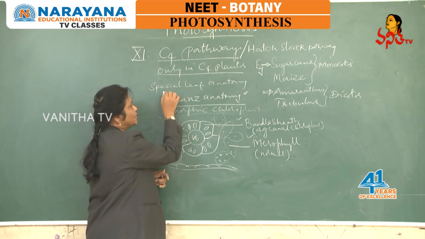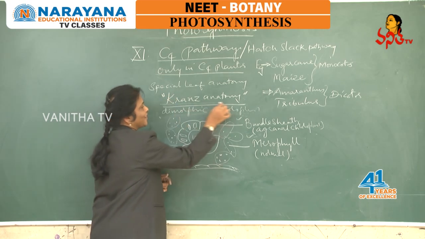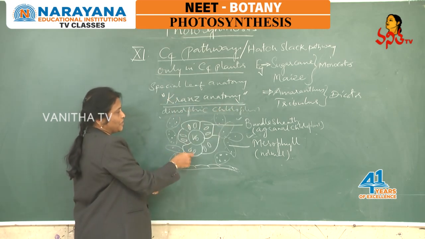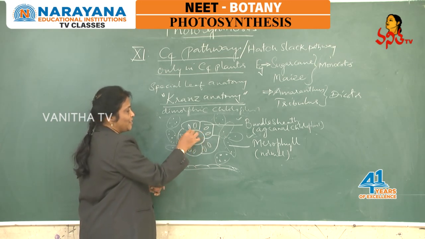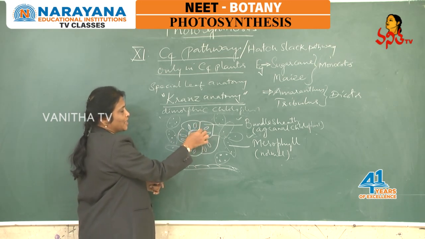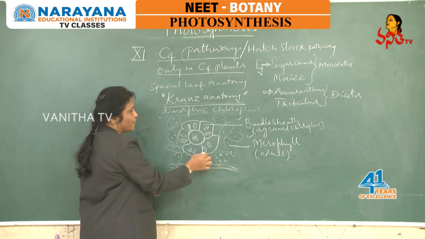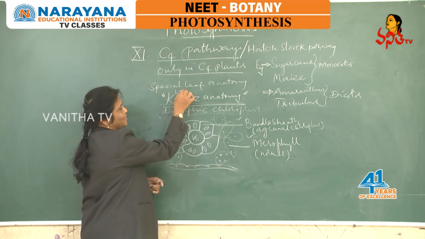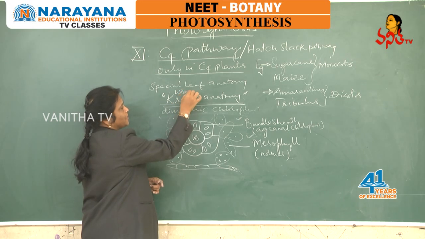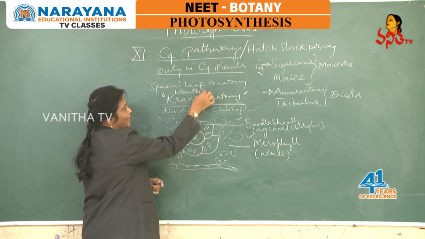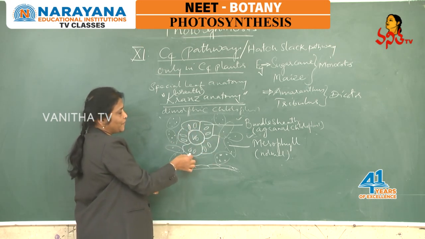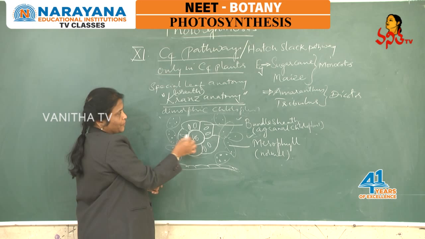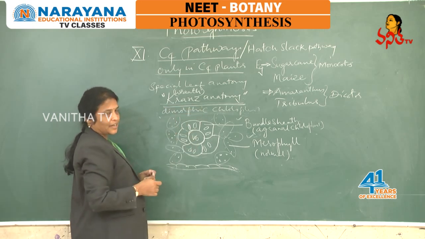As we verify the word Kranz, Kranz anatomy refers to the special kind of anatomy where the bundle sheath has bigger cells compactly arranged around the vascular bundle in the form of a wreath. Kranz is a German word, and that represents the wreath-like arrangement. The bundle sheath in such leaves is wreath-like, hence the name Kranz anatomy, wreath-like anatomy.